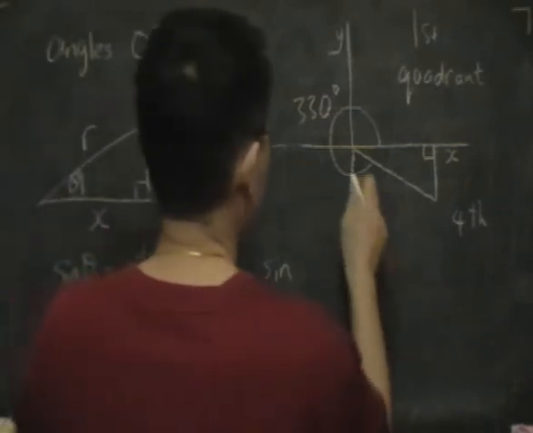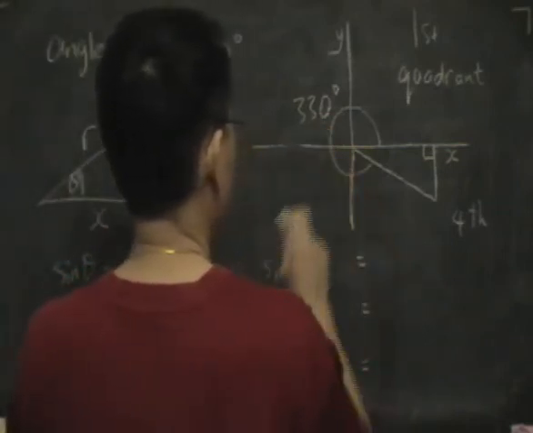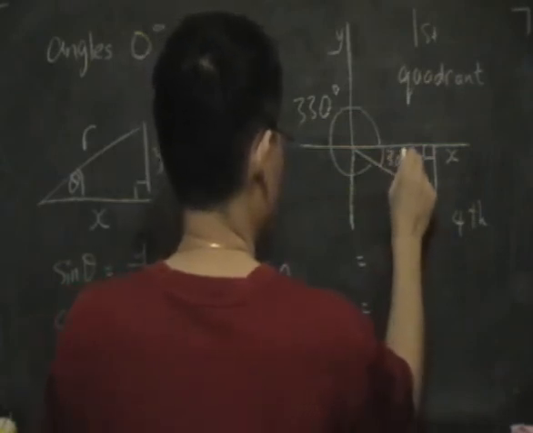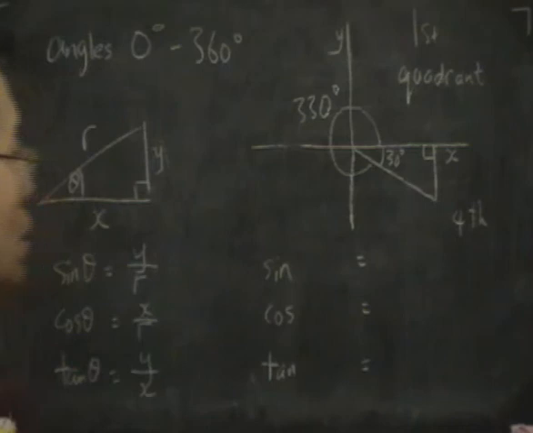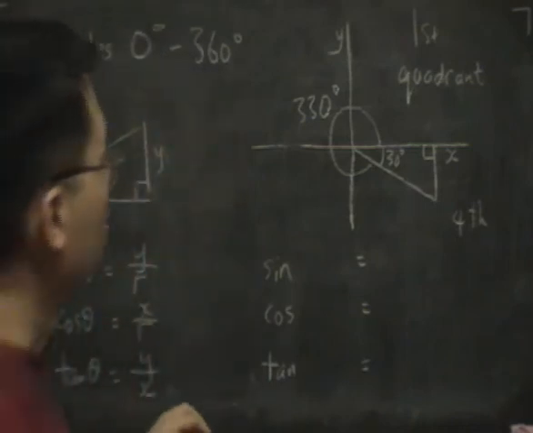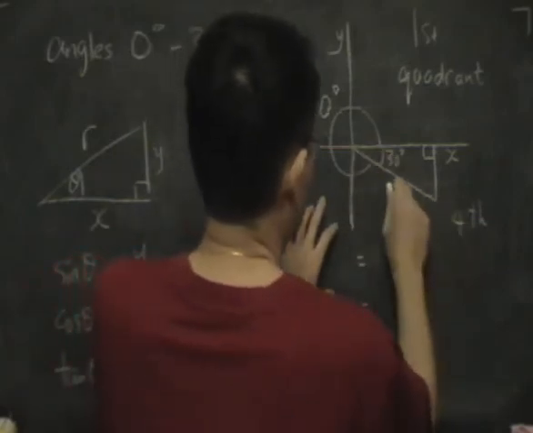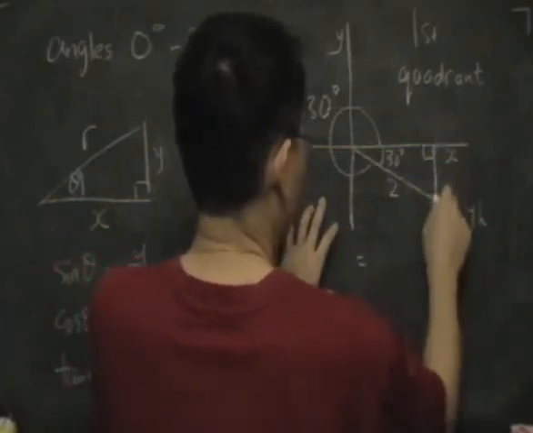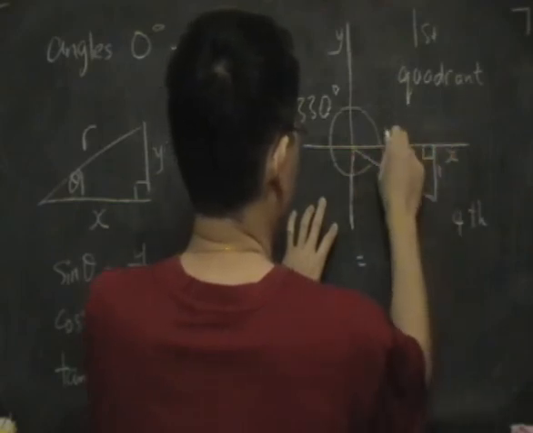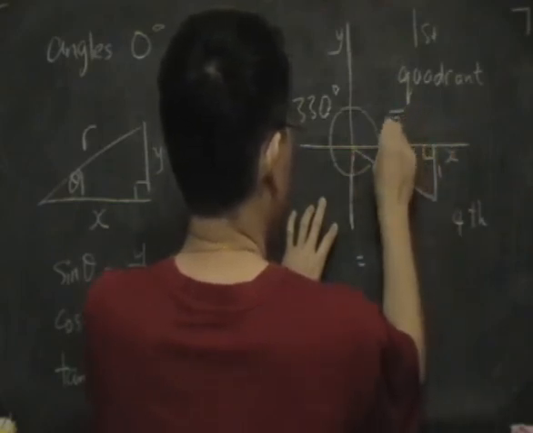So in this case 360 minus 330 is 30 degrees. Again, I'm using this special angle as an example. Now suppose that the hypotenuse is 2, then we have this opposite side 1 and the adjacent √3.